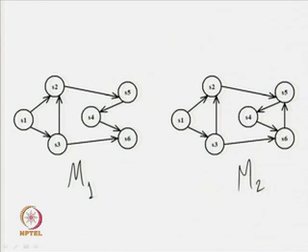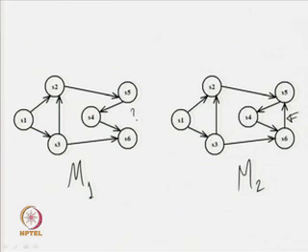If you look into these two models M1 and M2, you will find that both are identical, but in M2 we have one extra arrow, an extra transition. This transition is not present in M1. Does this contribute something here?